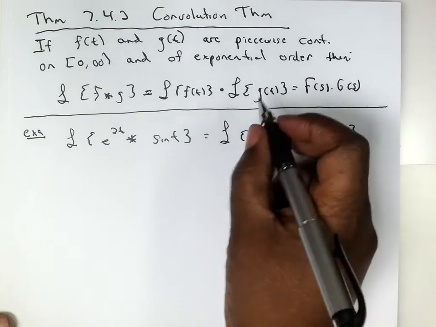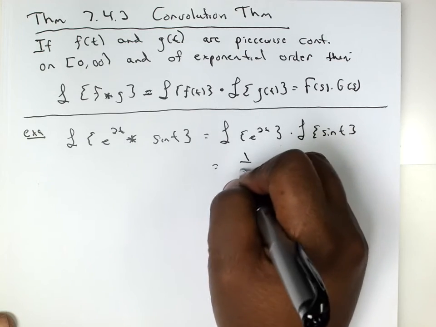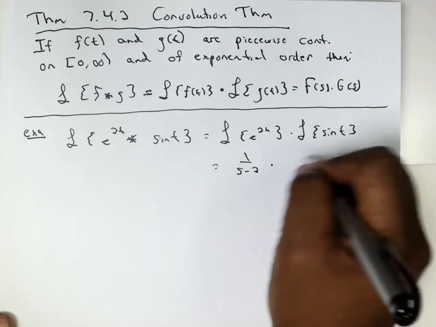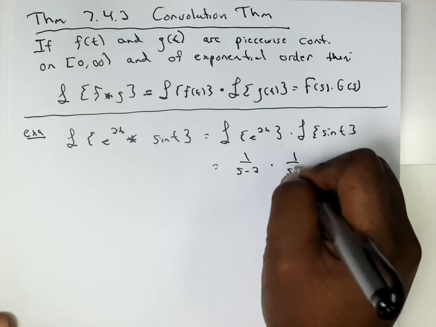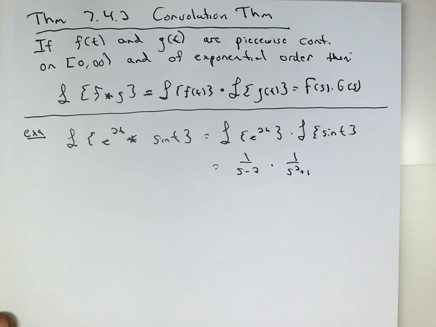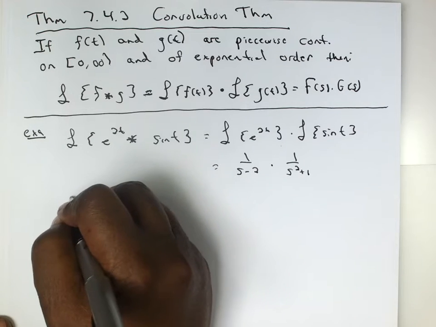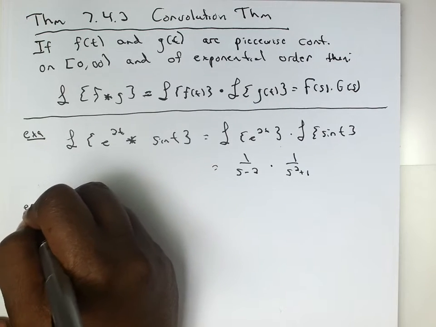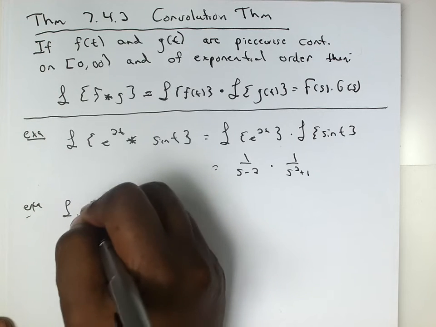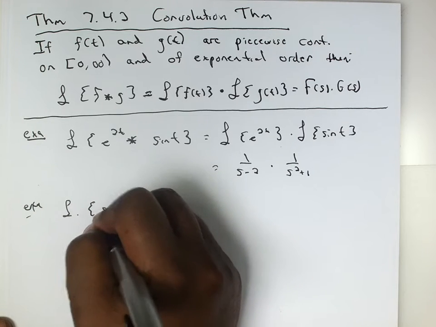So e to the 2t yields 1 over s minus 2, and sine of t is 1 over s squared plus 1. And you can see how this is going to show the commutative property that I talked about in the last section.